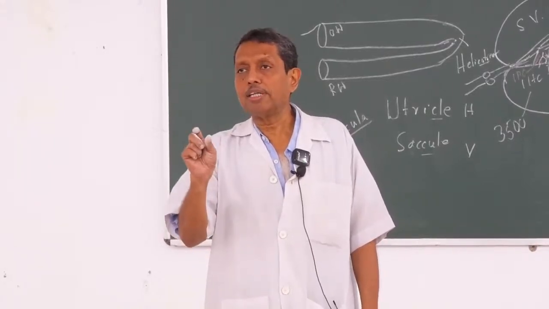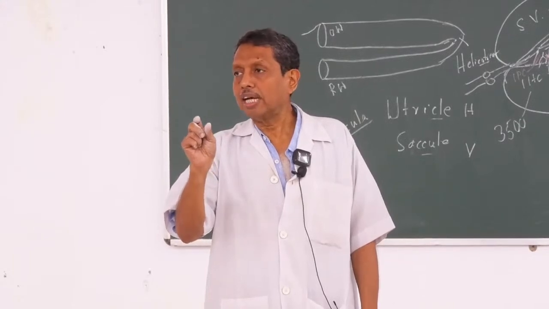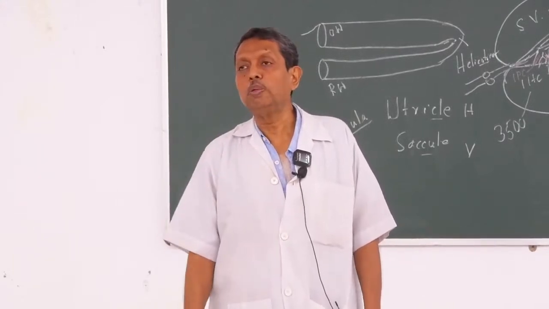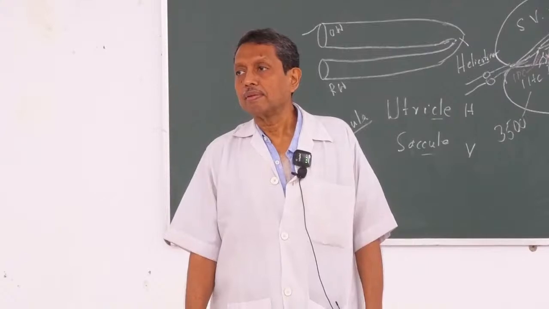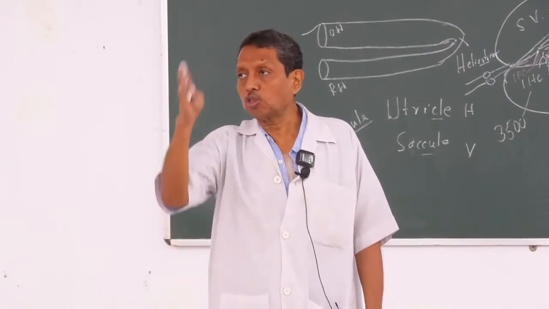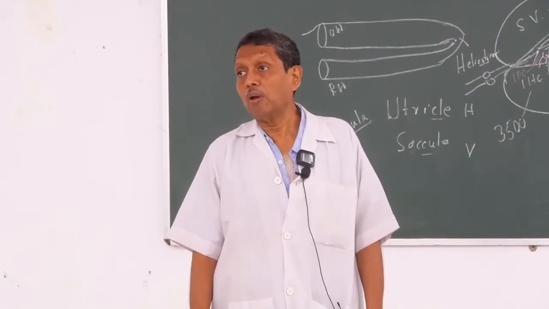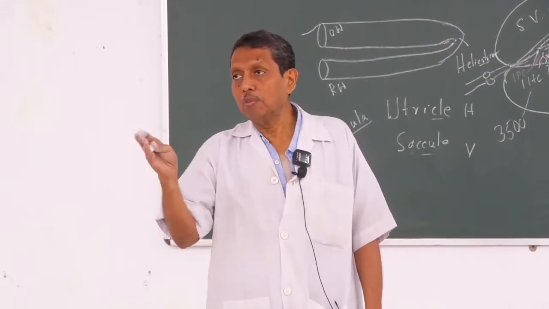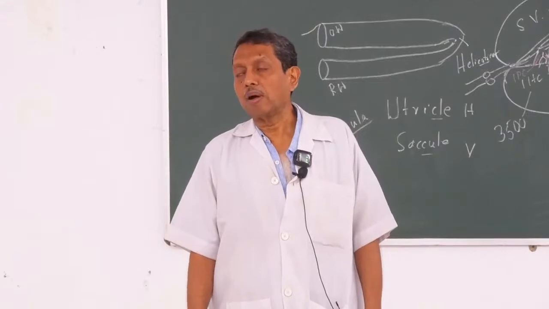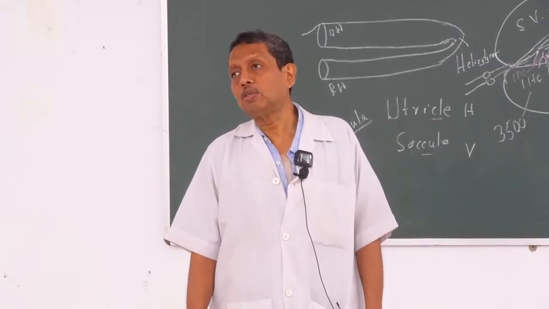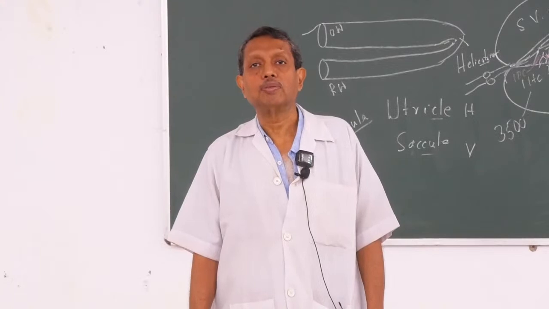And in the crista ampullaris, there is a structure called cupula, C-U-P-U-L-A, cupula. And they almost close this part, that is the ampulla. And their relative movement on either side gives rise to some form of stimulation.